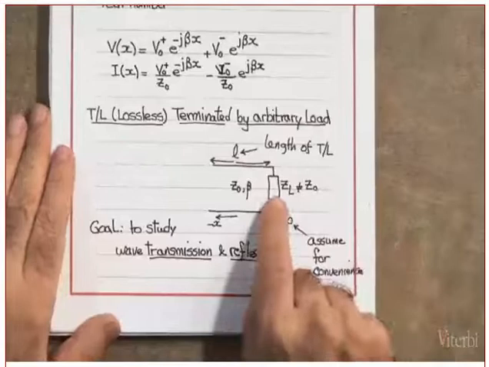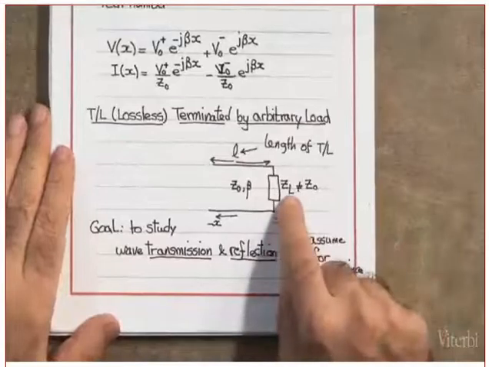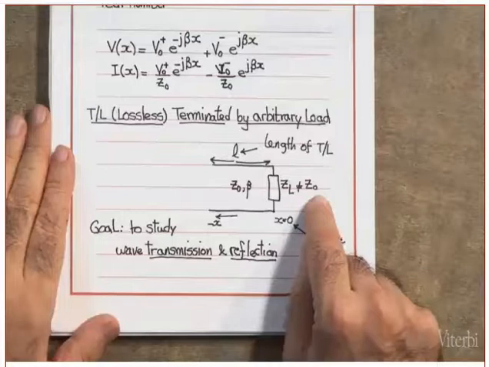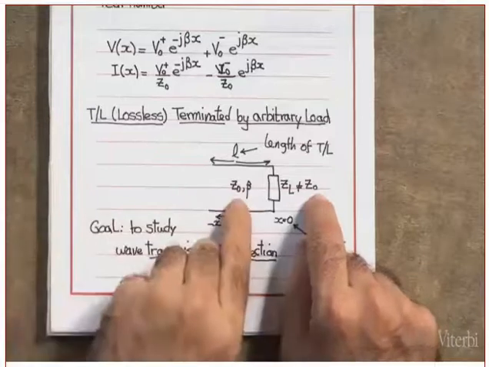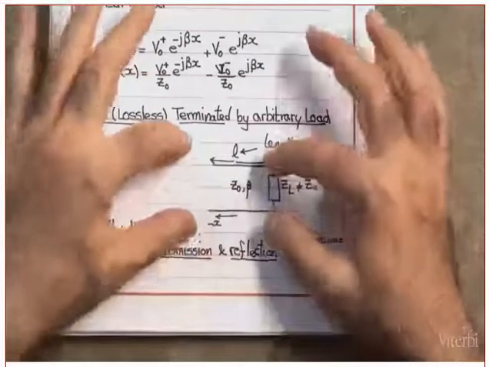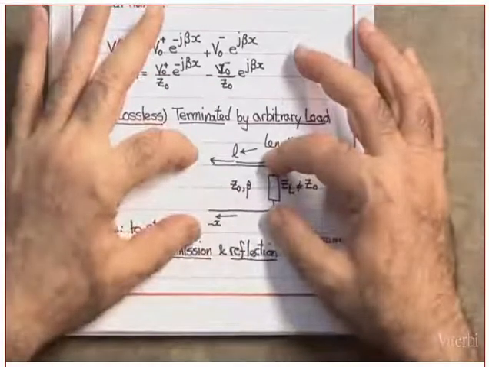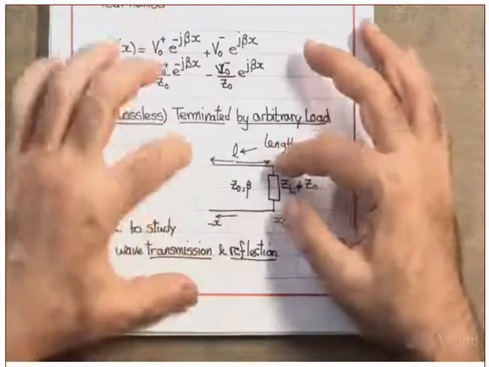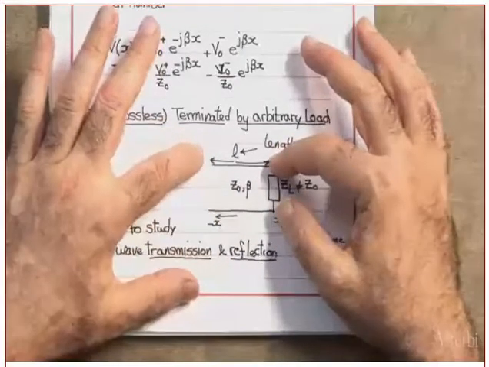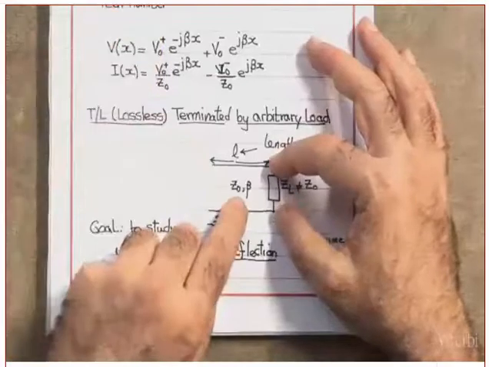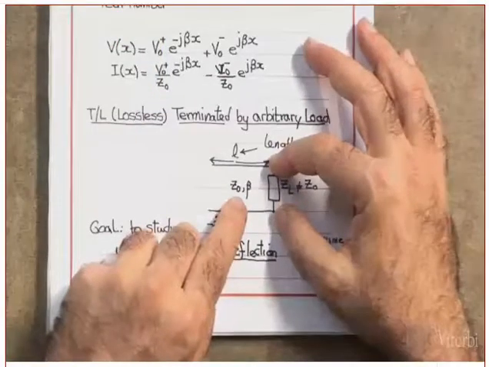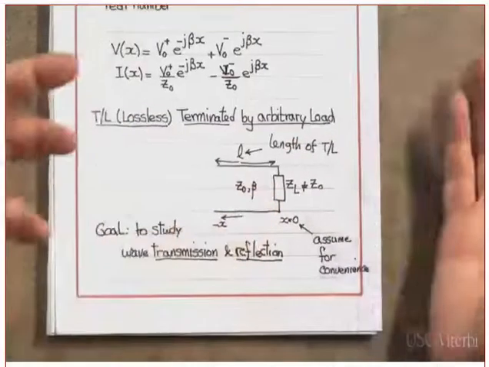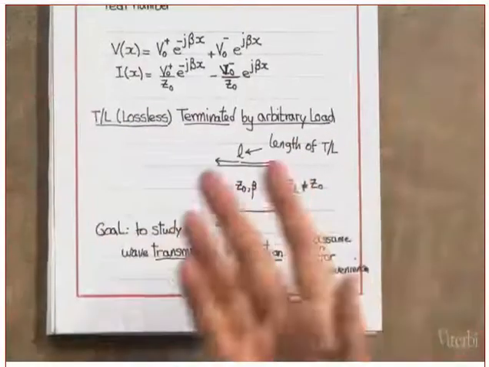Now, I put a load ZL, which is not equal to Z naught. How are you describing the transmission line? You describe the line by its length, which is L, by its characteristic impedance, Z naught, and by the phase constant, which is beta. It's not gamma because alpha is equal to 0, just beta.